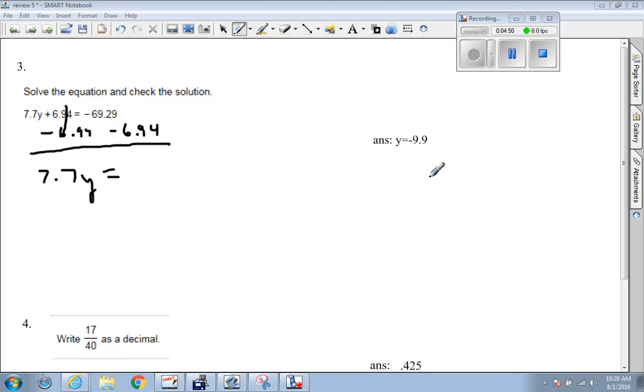So I'm going to go off on the side and say, okay, what's 69.29 and 6.94 added together? I'm going to combine those two losses and know that it's just an overall loss.